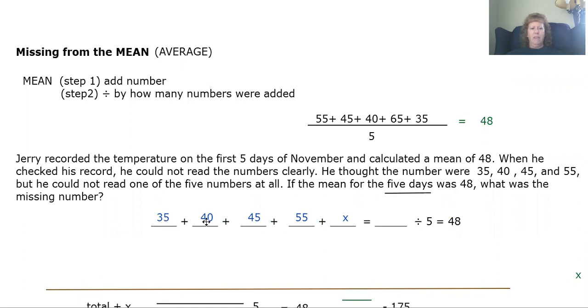So if we add the ones we do know, let's do that. 35 plus 40 plus 45 plus 55 is 175.